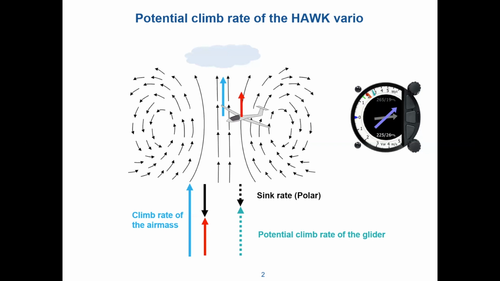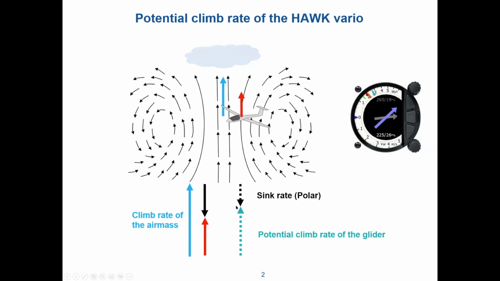Now you see from these two figures here that the real sink rate is much larger than the theoretical sink rate. Where does that come from? We'll see there's an aerodynamical effect, which is the reason for this difference.